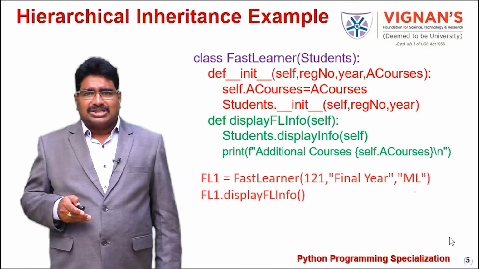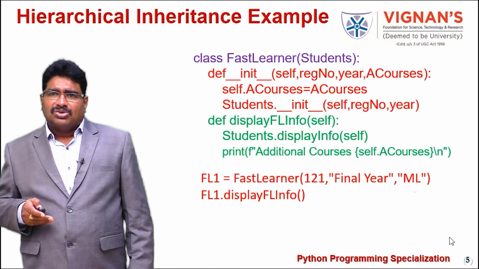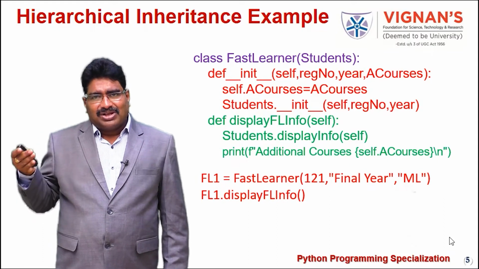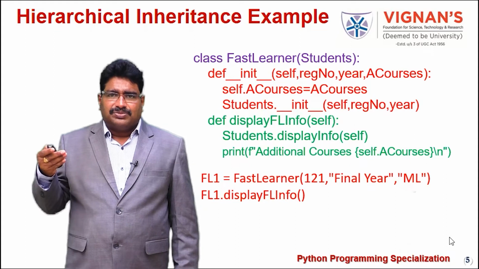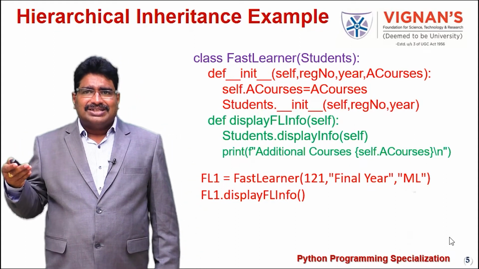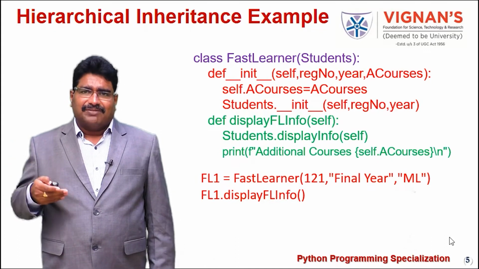Here we take one simple example. FL1 is equal to fast learner of 101, final year, ML. We are creating FL1 as an object of the fast learner. In that FL1 object, the register number is 101, the year is final year and the additional course is machine learning.